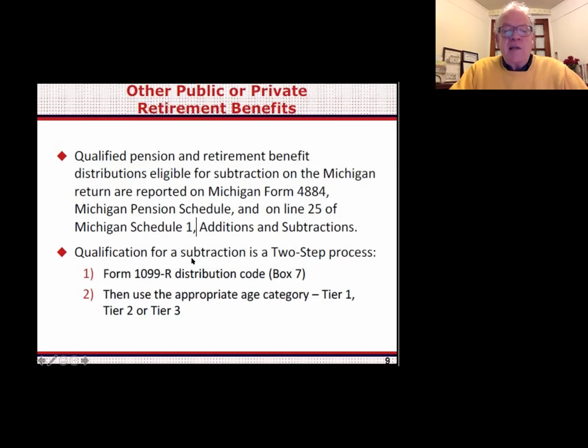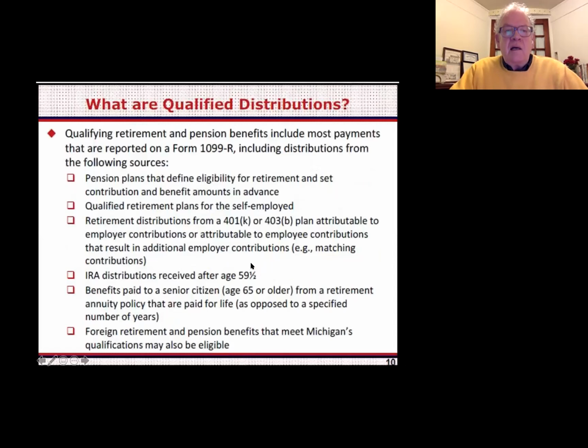Almost all of our 1099-Rs will have a 7 in box 7. Here's a list of, well, how do you know if it's qualified? And I'm not going to read through it. Generally, most of the 1099-Rs that are Code 7 and even Code 4 are qualified.